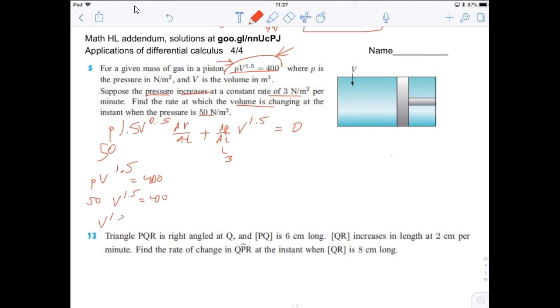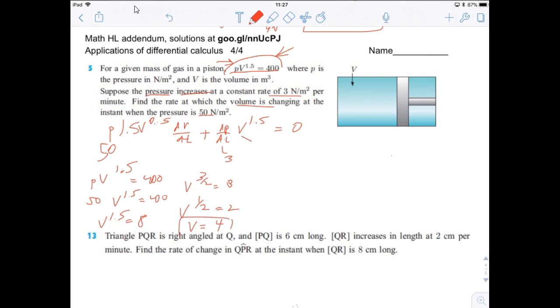So V to the 1.5 is equal to 400 divided by 50, which is 8. V to the 3/2 equals 8. Let's take the cube root of both sides, so we have V to the 1/2 equals 2. Then let's square both sides. V equals 4. So the volume equals 4 at that instant.